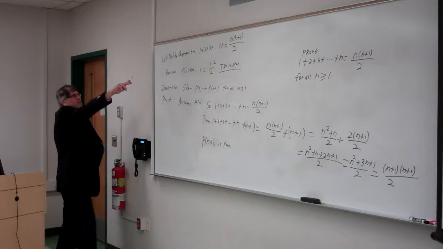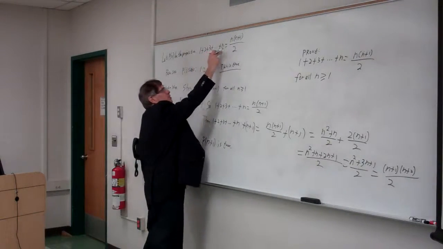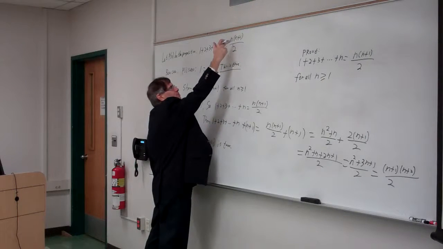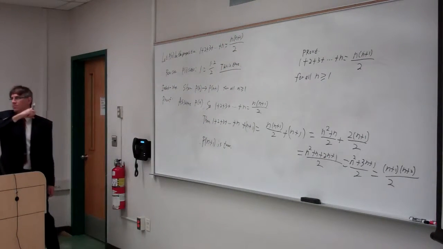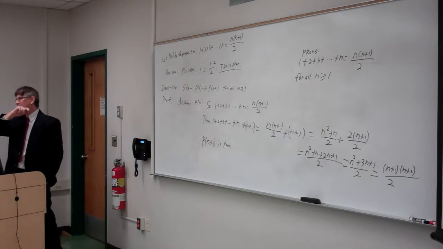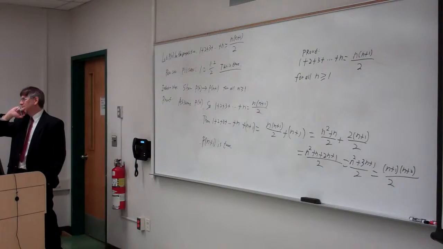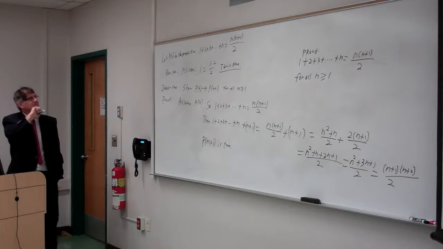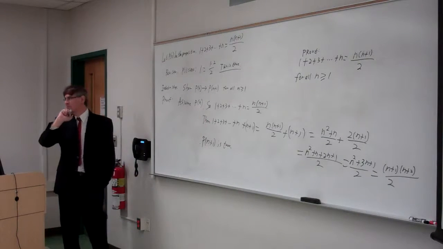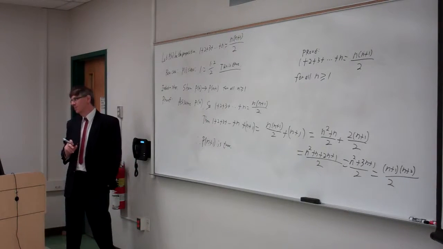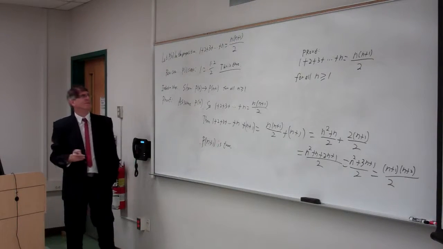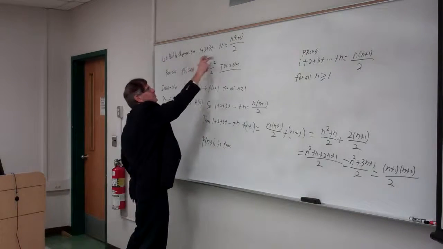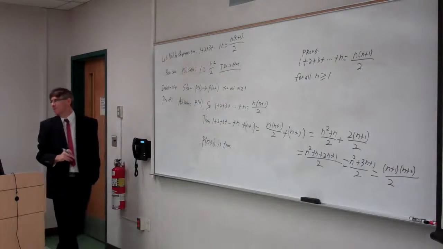P of n plus 1 would be the proposition that 1 plus 2 plus up to n plus 1 equals n plus 1 times n plus 2 over 2. Does everybody see that part? Yeah, I see that. So we are just changing n with n plus 1 and n plus 1 with n plus 2. Yeah, and you could use a different variable with it. Right, we could have written P of k, and then set k equal to n plus 1.